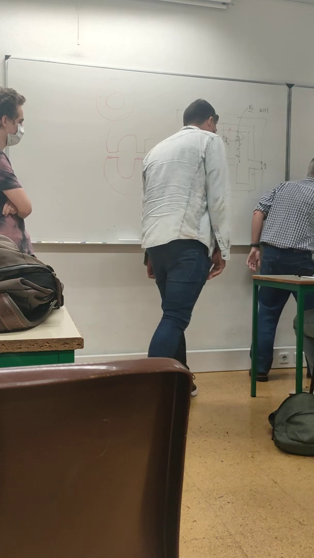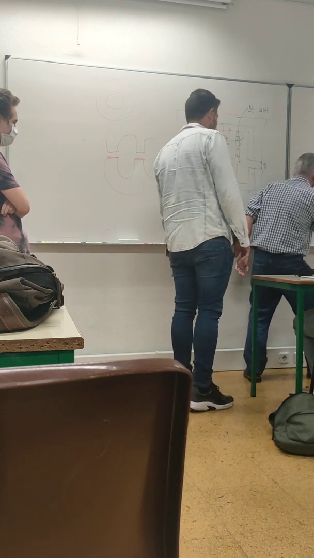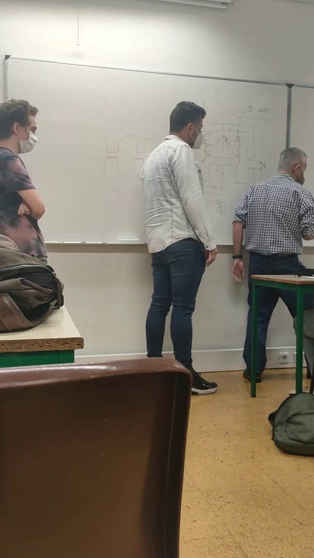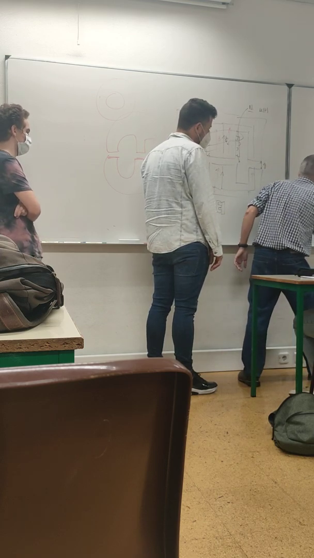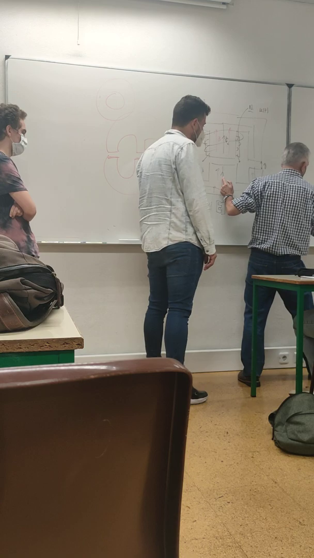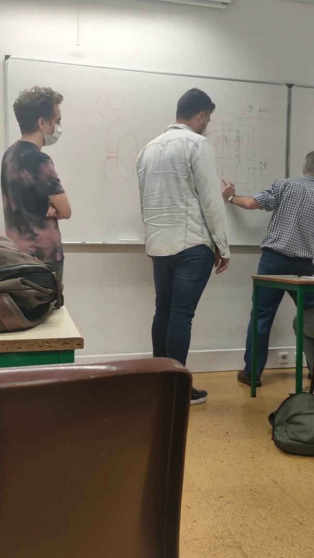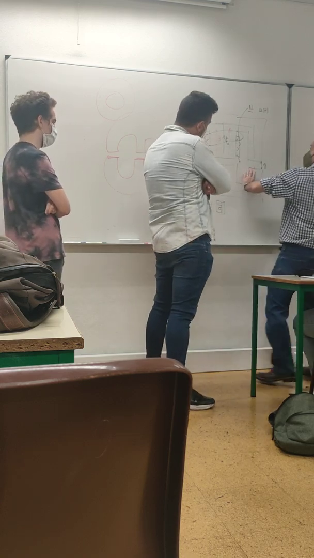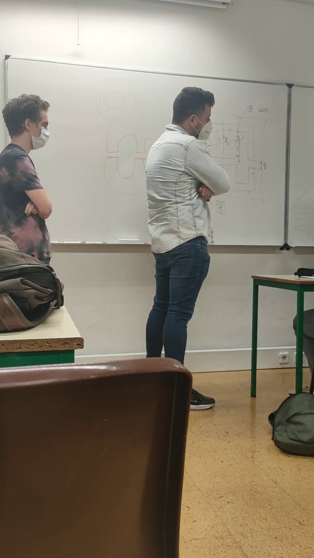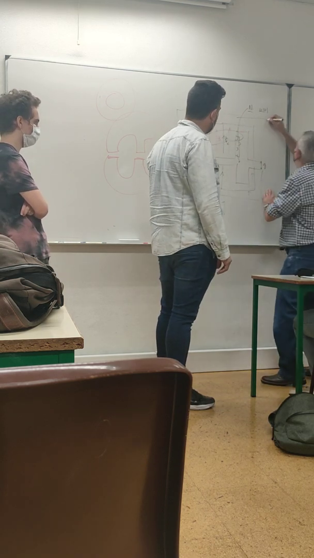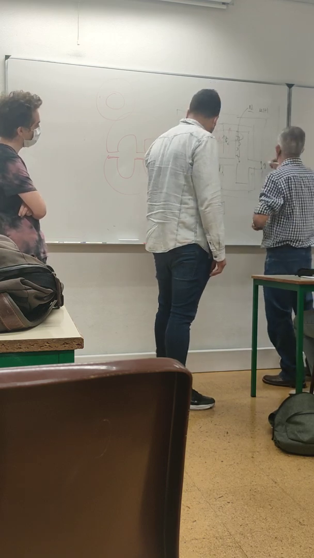If you cut the lamination, remember, I'm putting it like that. You have the laminations here, so your magnetic flux, in reality, is doing like that. You see that your machine is 2D.